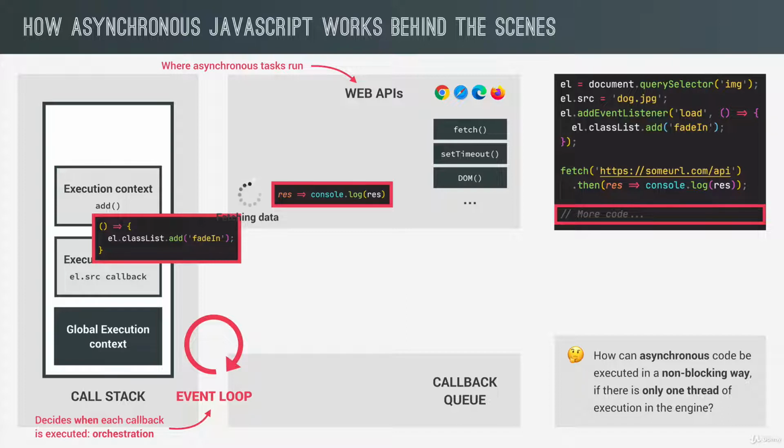Another thing that becomes clear from this whole explanation is that the JavaScript language itself has actually no sense of time. That's because everything that is asynchronous does not happen in the engine. It's the runtime who manages all the asynchronous behavior, and it's the event loop who decides which code will be executed next. But the engine itself simply executes whatever code it is given.